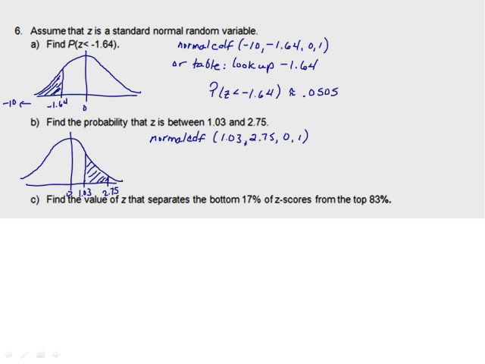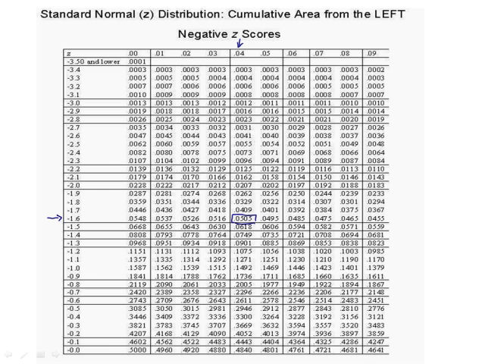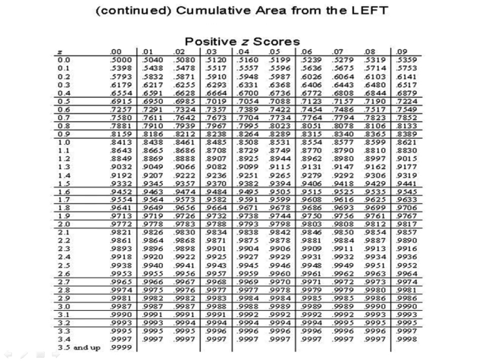For the table, we're going to have to look up each different value in the table and then subtract the two probabilities. So we're going to look up the 1.03, look up the 2.75, find the probabilities for each, and then subtract. So here's our positive z-scores table. We have the 1.0, and there's the 0.03 column. So where they intersect is right there, 0.8485. And then for the 2.75, we got the 2.7 and the 0.05 column.